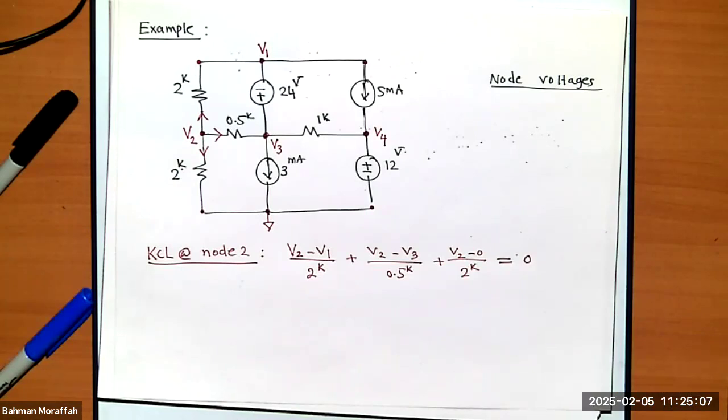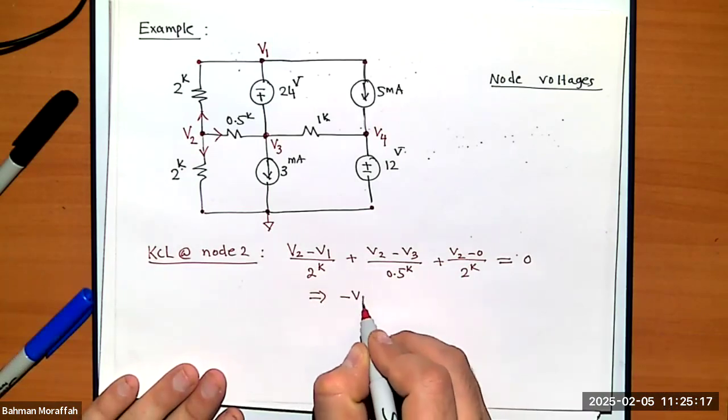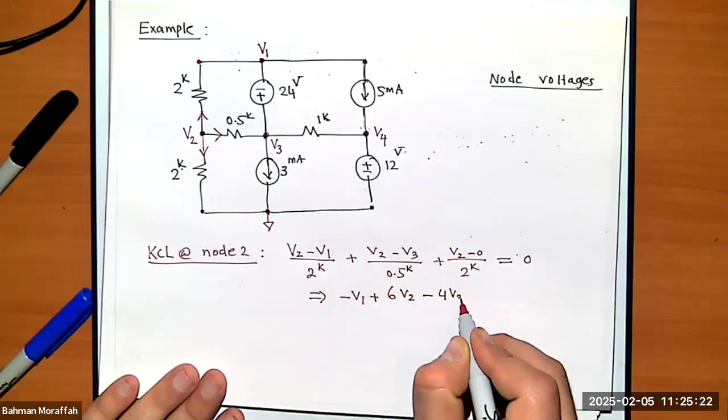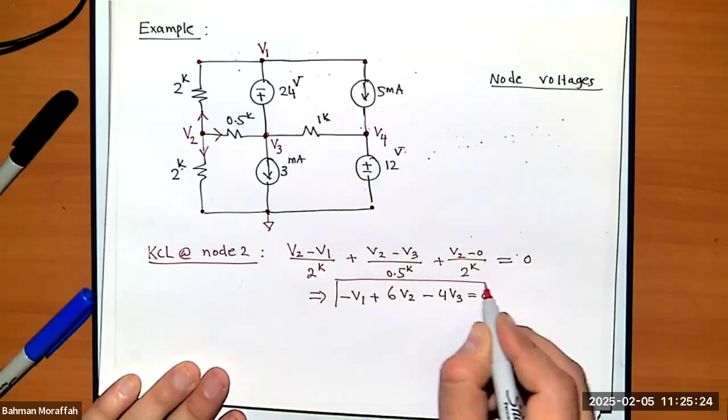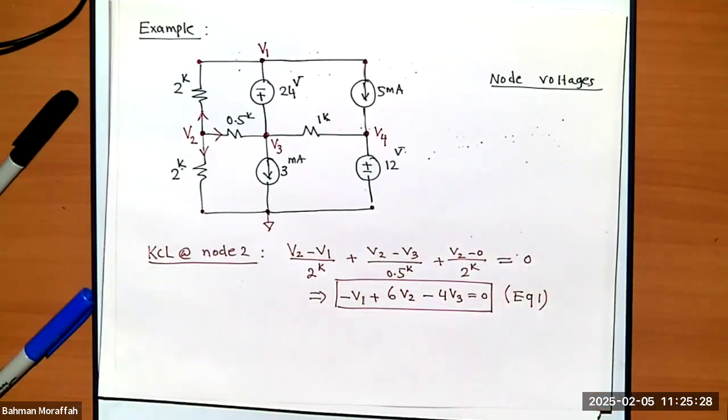I can simplify this. I can multiply everything by 2, right? I can simplify it, and the equation I get would be minus V1 plus 6 times V2 minus 4 times V3. That should be 0. Let's just call this equation 1. Right? Simplification is very easy. I just need to multiply everything by 2, like I said. It's not very difficult.